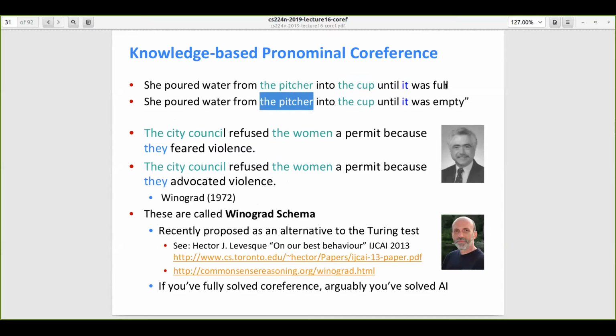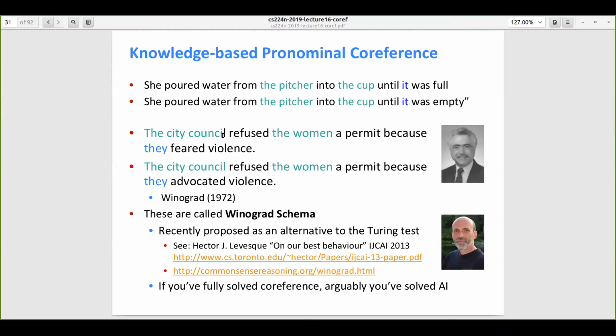So depending on the word full or empty, we have different coreference here. This is what makes coreference resolution very tough and tricky. It's not easy to have a robust system in place which could do coreference resolution for any kind of text. Here is another example.